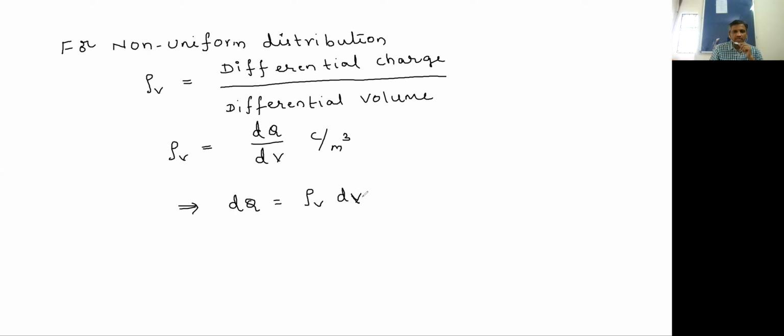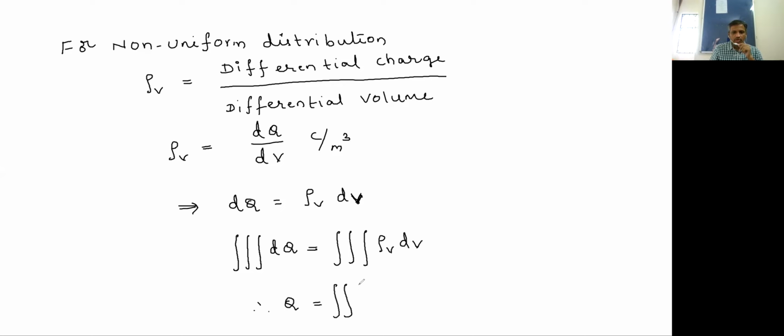Because you have dv, the differential volume, you have to go for volume integration on both sides, and that volume integration is the triple integration. That is, triple integral of dq will be equal to triple integral of rho v dv. Therefore, q is equal to the volume integral or triple integral of rho v dv. This is the expression for the charge when a non-uniform charge distribution is given.